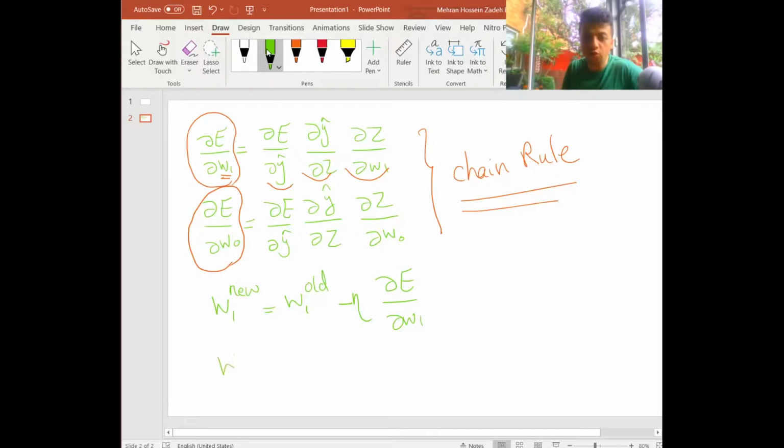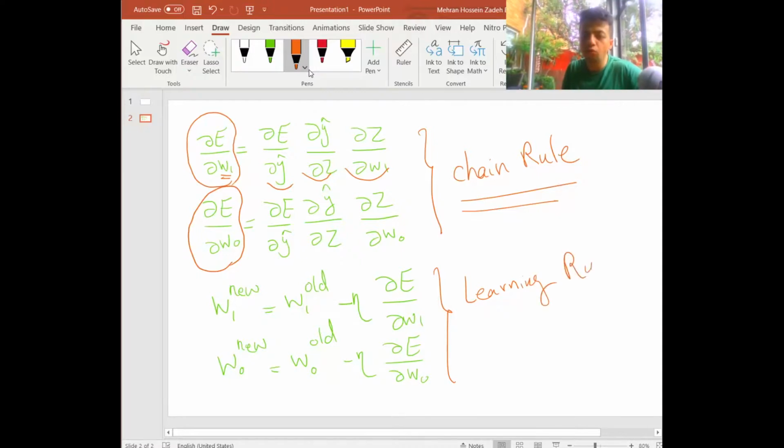And the same story goes with w0. w0 new is equal to w0 old minus the learning rate times the derivative of the error with respect to w0. So these two are called the learning rules, and they use the chain rule over here.